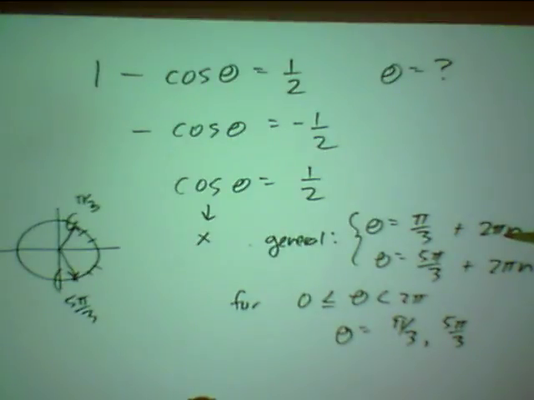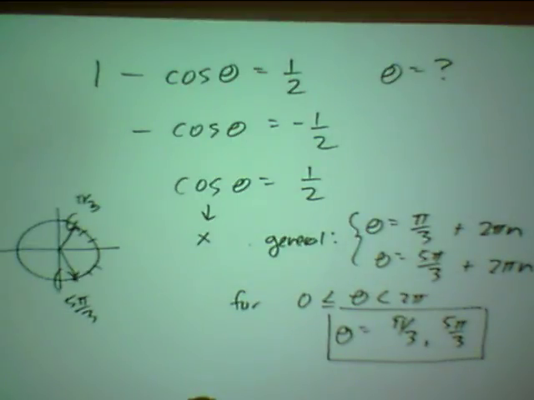So that solution is not within my allowed interval. And for the second equation, if I set n equal to 1, I have 5 pi over 3 plus 2 pi. Once again, that's outside the interval I'm looking at. So for the specific solution, there it is.